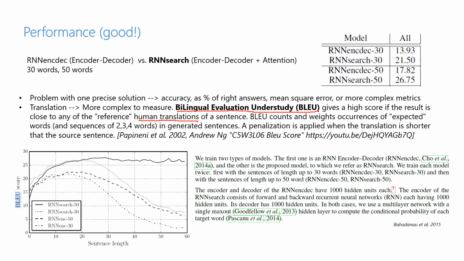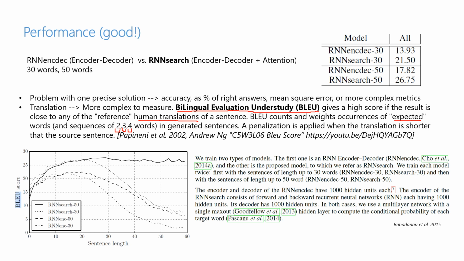The translation produced by the model is scored using the presence of expected words that are part of the gold standard. We also give points to sequences of 2, 3, or 4 words that are predicted and are also part of the target sentences.